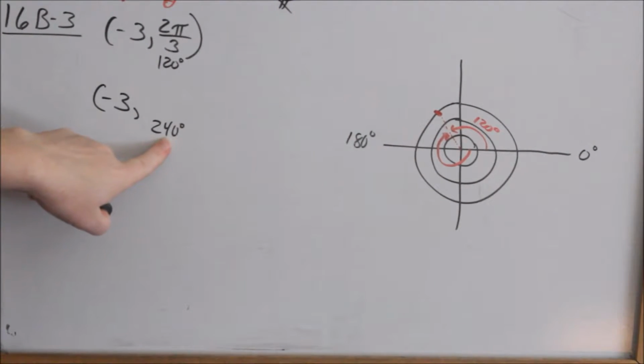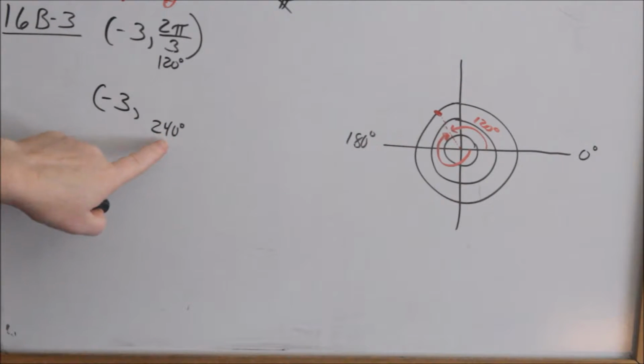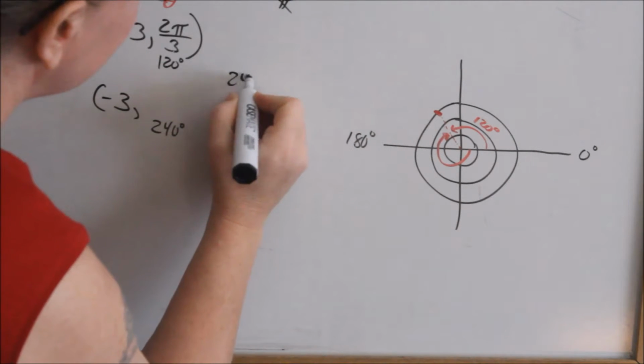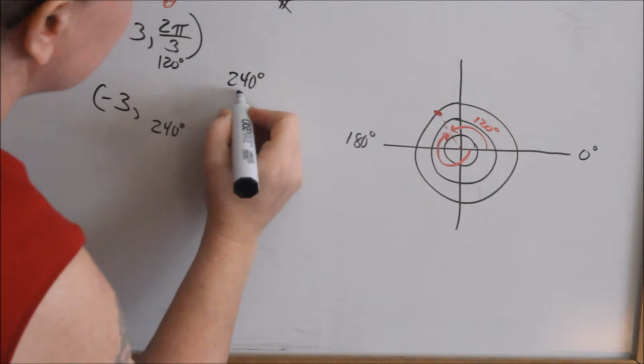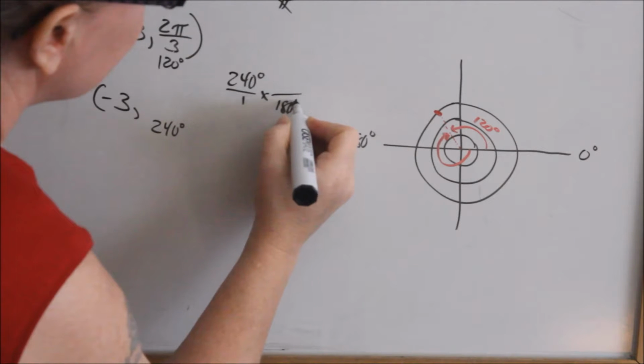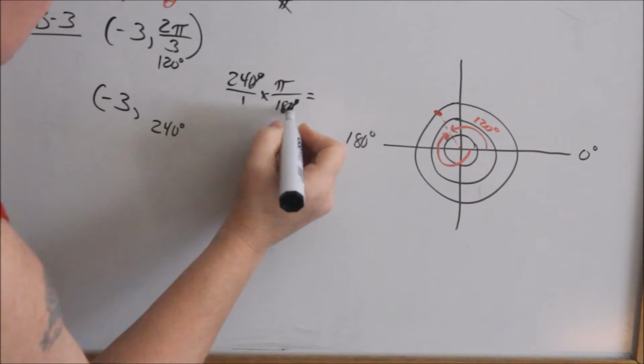The reason I'm writing it down there is because when they give radians, your answer needs to be in radians. I'm not going to write the degree. I need to turn this into radians. So off to the side, if you need to do 240 degrees, this is going to be 180 degrees, pi, those zeros go away.